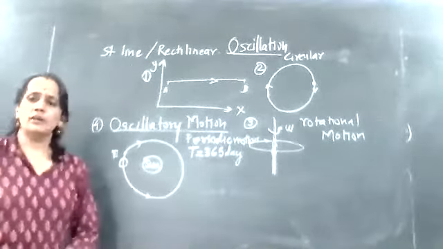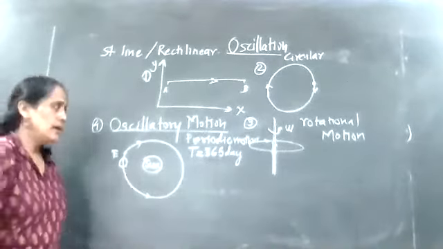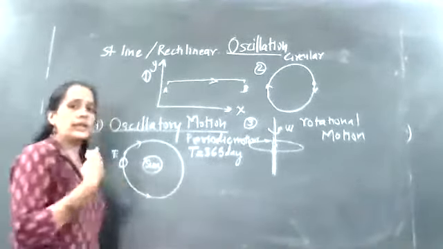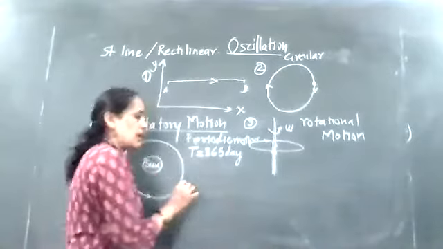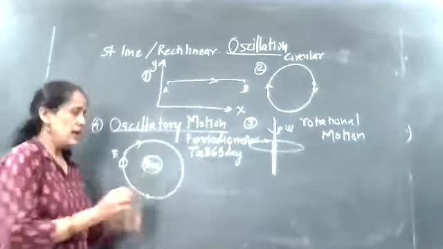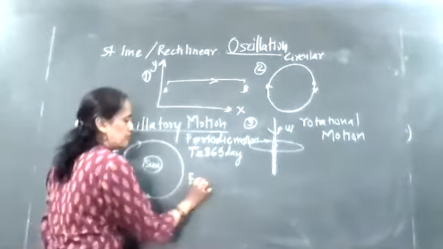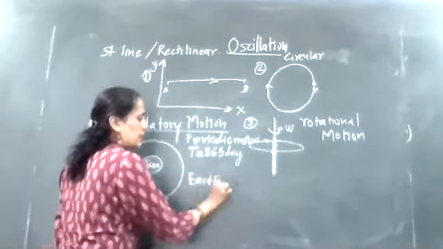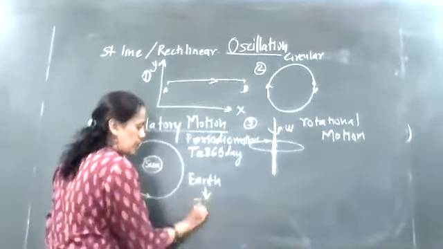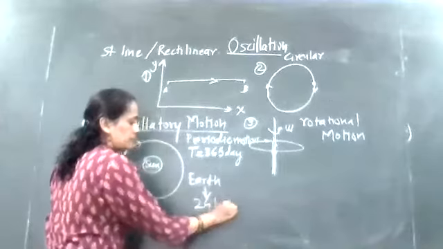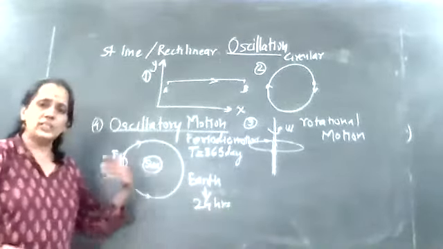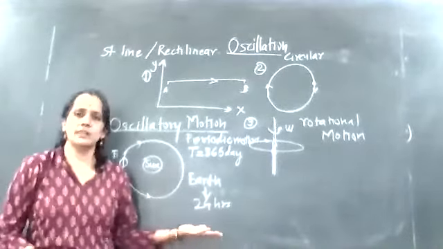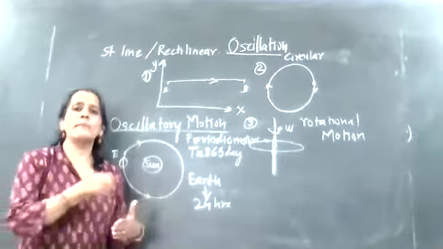Another example: Earth is rotating around itself, and for this rotation it takes a time interval of 24 hours. So after each 24 hours, Earth repeats the motion.